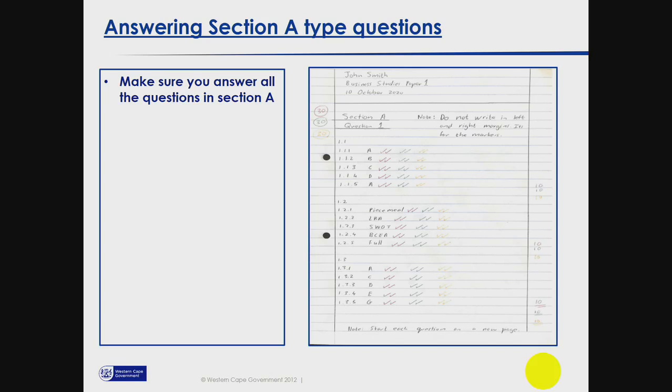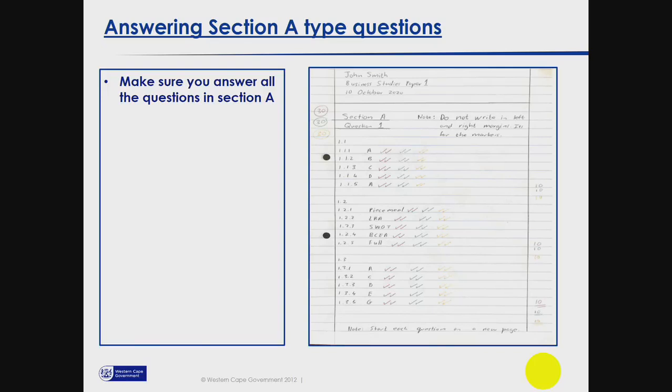You have been in business studies for 2 years already. By the time you write at the end of grade 12, you'll have 3 years experience of being a business studies student. So somewhere you would have heard something, and you can make an educated guess or a logical guess and maximize your chances of getting a correct answer there. So never ever leave any questions blank in section A.